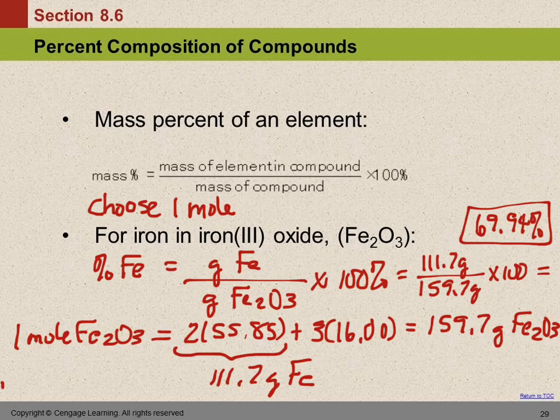So in iron(III) oxide, 69.94% of the mass is from the iron. The rest of it is oxygen.